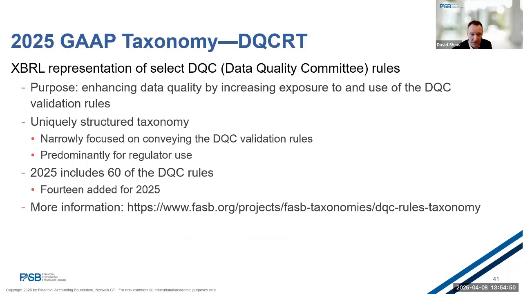It is not meant to be used in extension taxonomies, but it is used for regular use. As Audrey mentioned, it is being used in the Edgar system for their checks. And as Audrey mentioned, the 2025 version now includes 60 DQC rules, as 14 have been added for 2025.